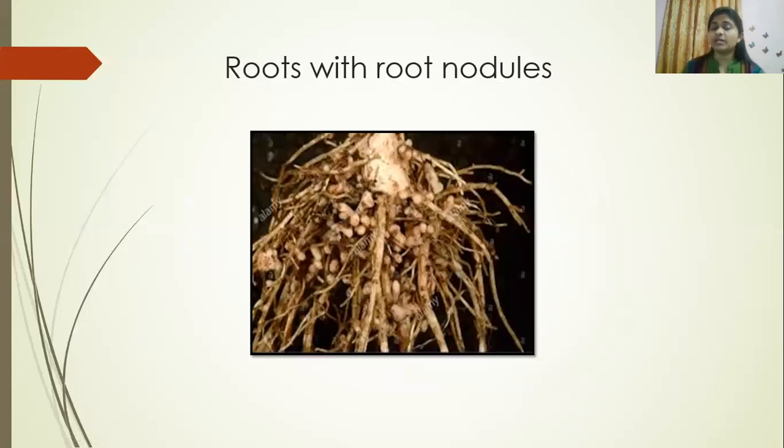So, what is the function of these? Now, you can see small globular nodules here. Rhizobium bacteria is found there. Now, what is the function of rhizobium bacteria? It is fixing nitrogen.